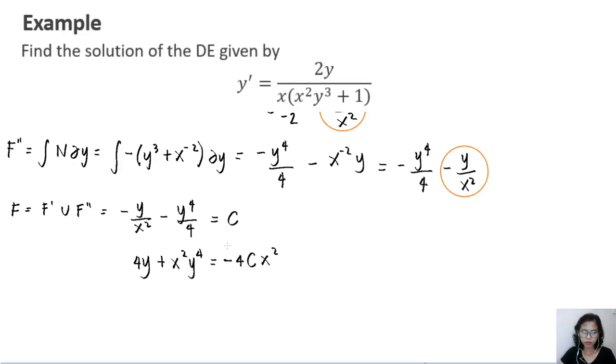But like I've told you, this is just simply c. Therefore, our final solution would be 4y plus x squared y to the 4th is equal to cx squared.